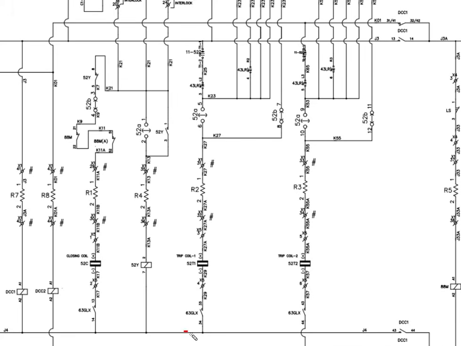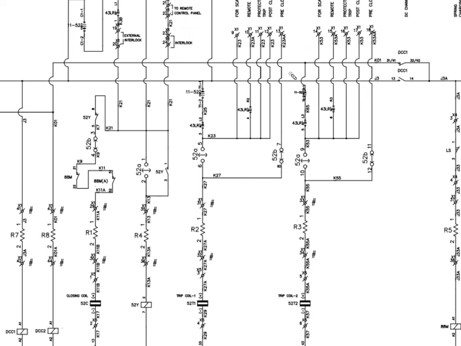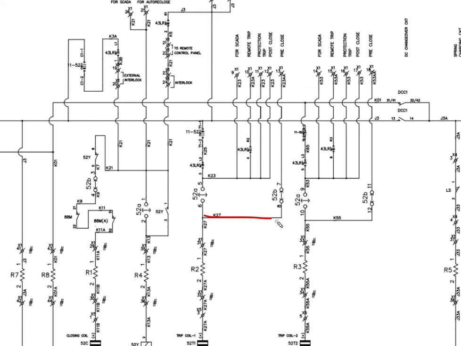It monitors the negative that comes through the tripping coil and through the auxiliary contact. When the breaker is off, 52 b is on, and it goes to the trip circuit supervision relay placed in the relay panel. When the breaker is off, it's called pre-close. When the breaker is on, this contact closes, and it's then called post-close.